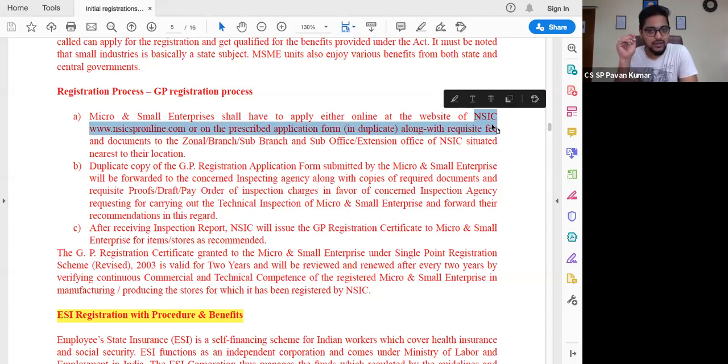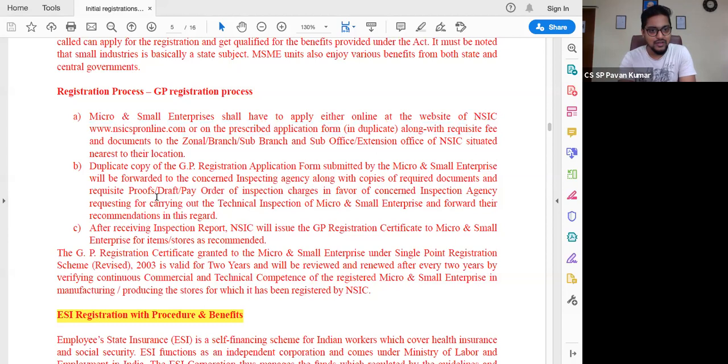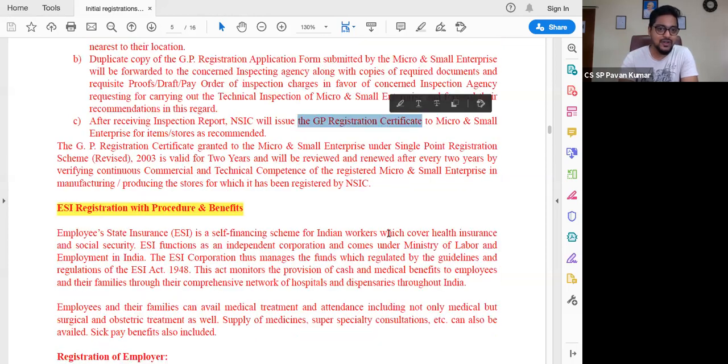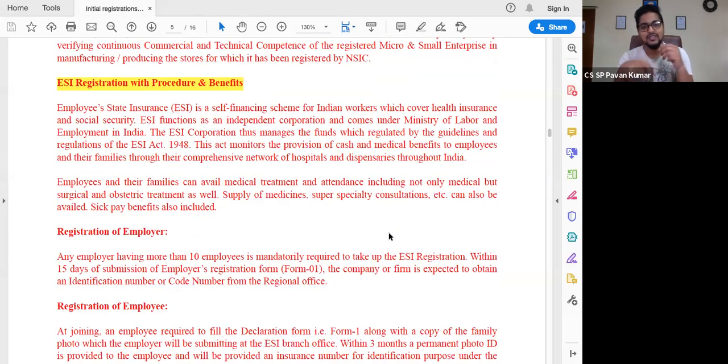On this website, they have to make an application, and after making the application, along with proof that they are an MSME, the GP registration, the government purchase registration, will be issued to them. Using this, at the time of tenders they get more preference, as they have the privilege of getting government contracts done from them. So this portion has been inserted suddenly, but don't get confused. It just talks about government purchases.